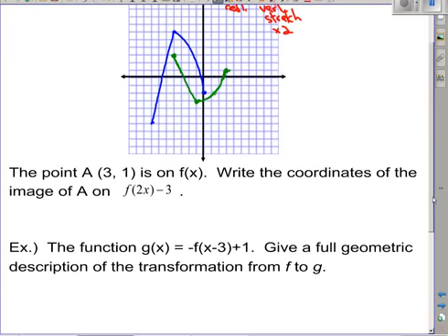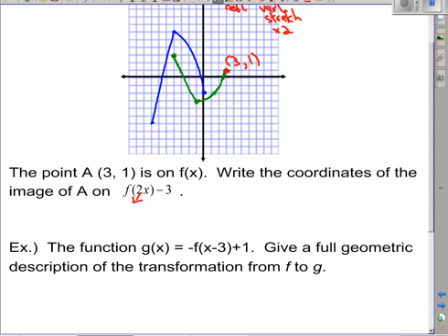The point A, 3, 1 is on f at x. So here it is, 3, 1. Write the coordinates of the image of A on f at 2x minus 3. Think of what this is doing.